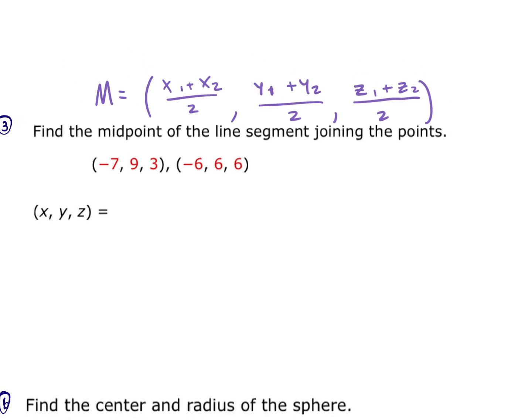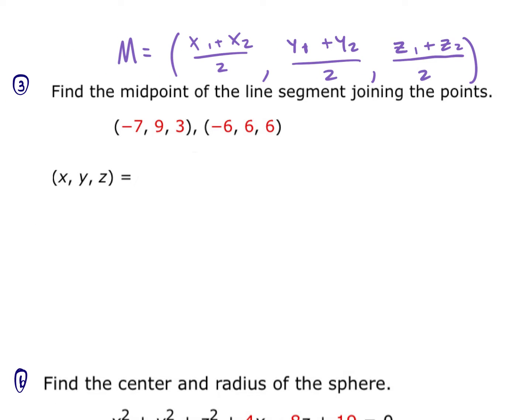So, all right, so I have x1, y1, z1, x2, y2, z2. So let's plug everything in. So this would be negative 7 plus negative 6 over 2. And then 9 plus 6 over 2.